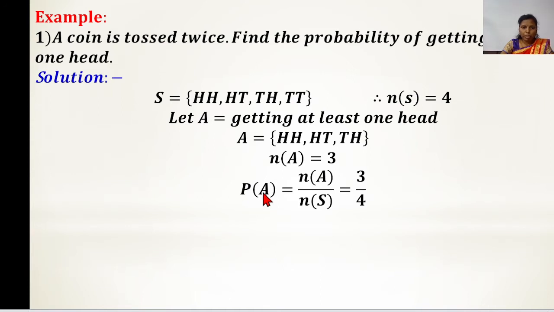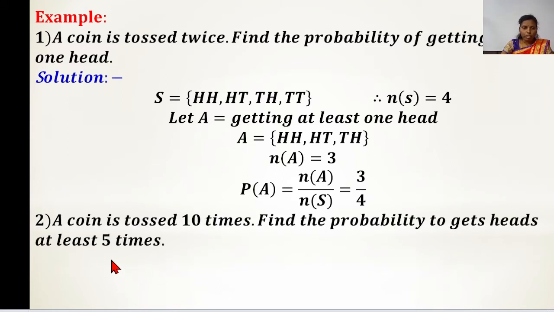Then the probability of that event is equal to number of outcomes in the event divided by number of outcomes in the sample space, that is equal to 3 by 4. If asked for the probability of getting no head, then the probability of that event is 1 by 4.